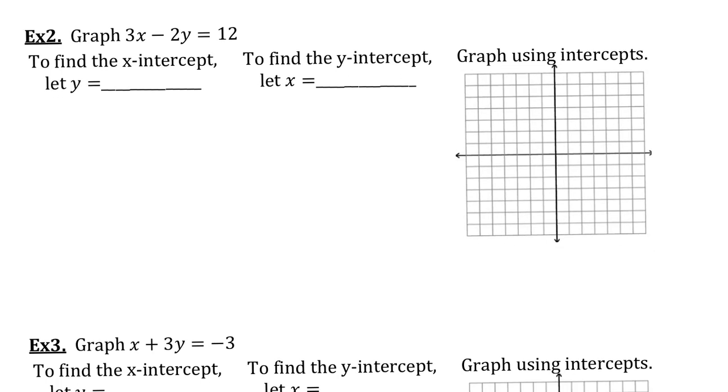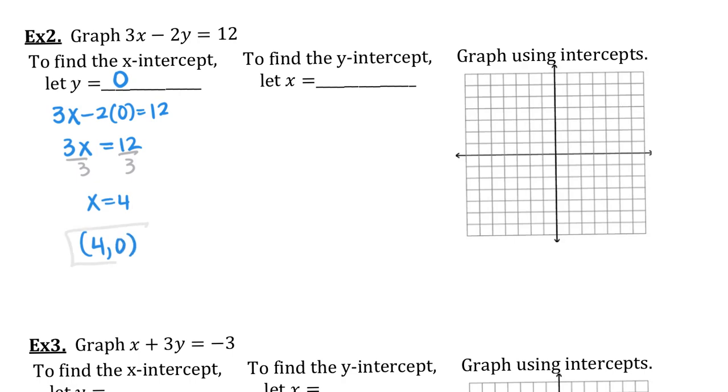Okay, as a reminder, to find the x-intercept, we make the y value equal to 0. Okay, 2 times 0 is 0, so I'm not even going to bother writing it. So x equals 4 when y equals 0.